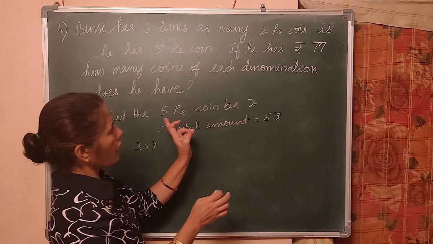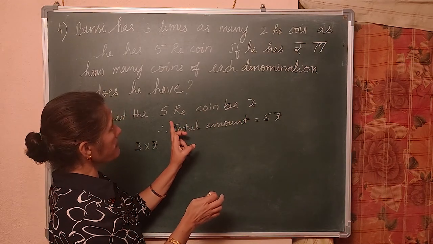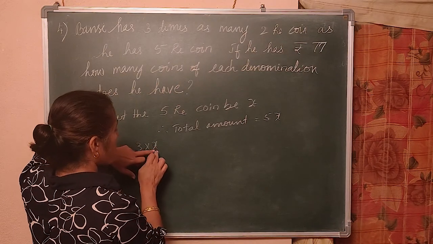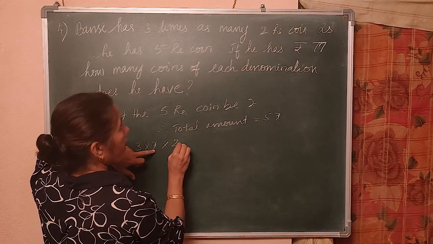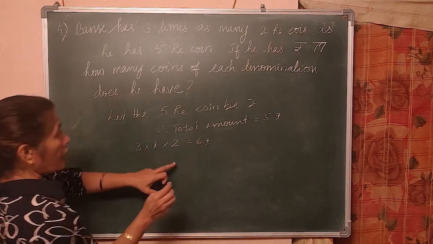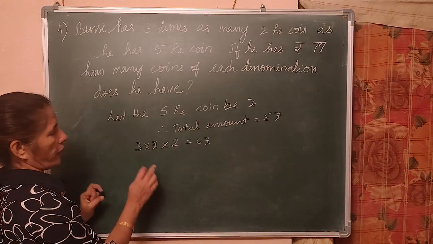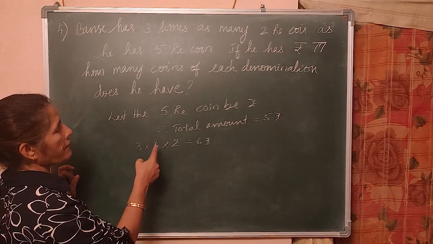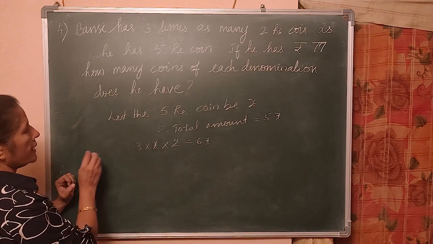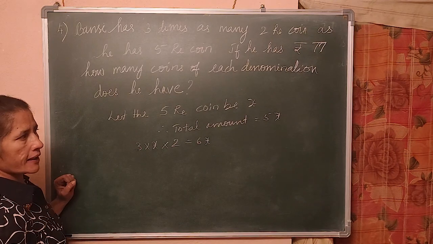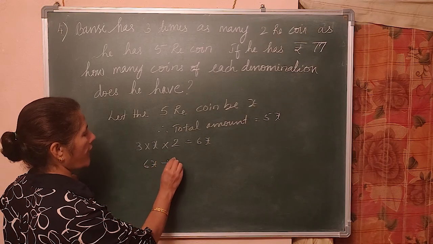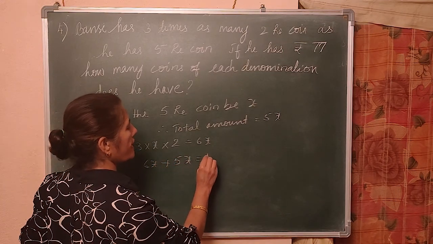If he has x 5 rupee coins, 2 rupee coins, he has got 3 times x. 3 times x of 2 rupees is equal to 6x. That is the value of the 2 rupee coins. So 3 times x of 2 rupee coin, therefore totally 6x. So what have I got? 6x plus 5x is equal to 77.